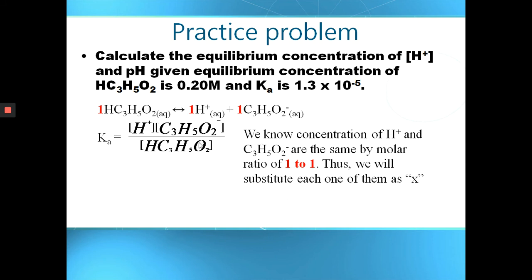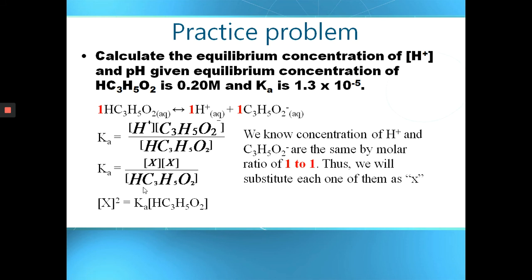We know the concentration of the cation, hydrogen ion, and anion are the same because they split in a 1-to-1 ratio. So whenever we dissociate the acid, we get an equal molarity of each one of them. And since they're in a 1-to-1 ratio, if I substitute one of them as X, the other one is also X. So I'm going to put X times X over the concentration of the acid.